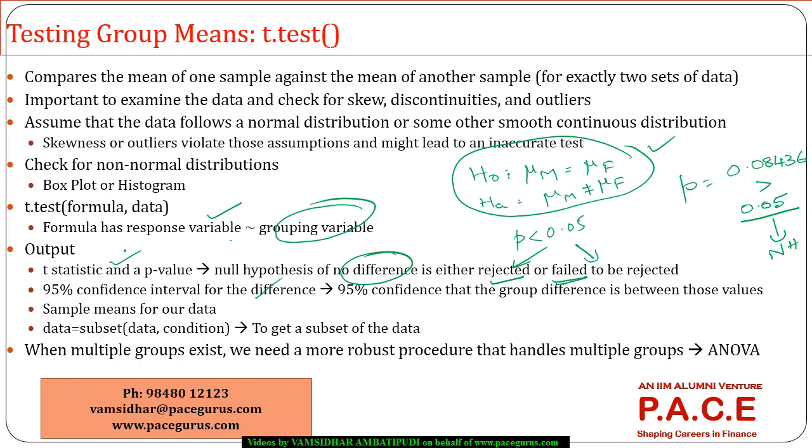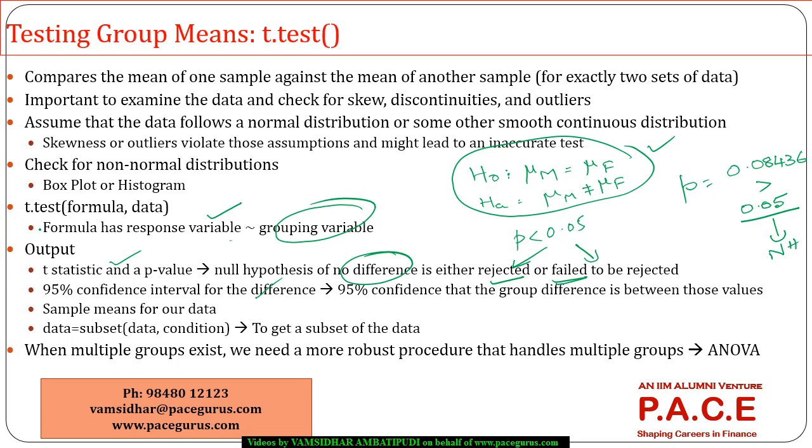If the interval does not contain a 0, I can reject the null hypothesis. That's another way of interpreting this test. Then it also gives me the sample means for our data.